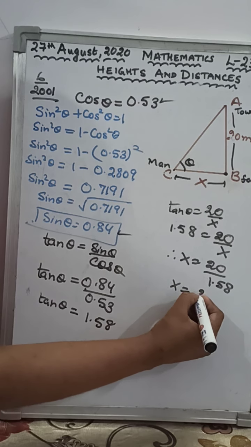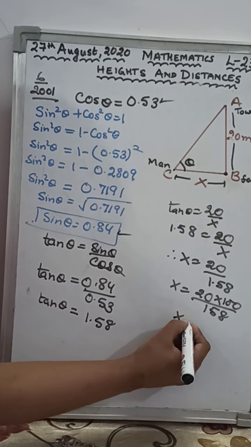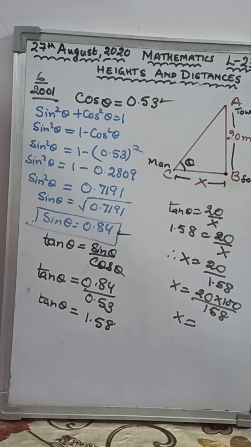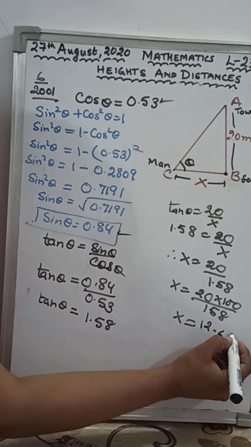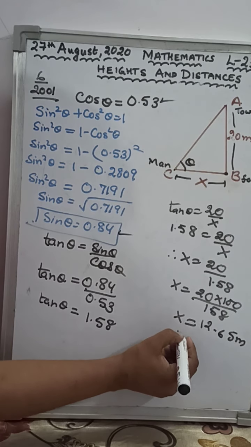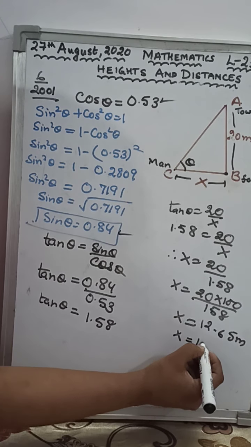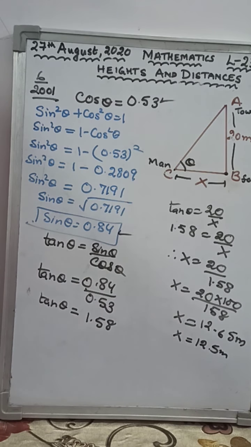When you solve 20 into 100 upon 158, x comes out to be approximately 12.65 meters. So this is the answer of question number 6. Clear? If you round off, sometimes the calculation will come 12.5 or 12.65, so the answer is correct. So this is your question number 6 now.